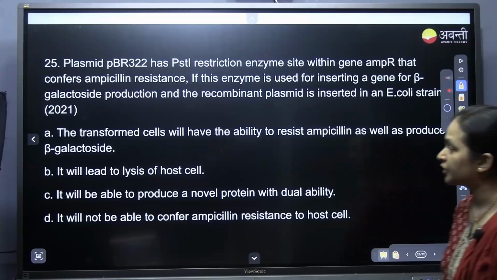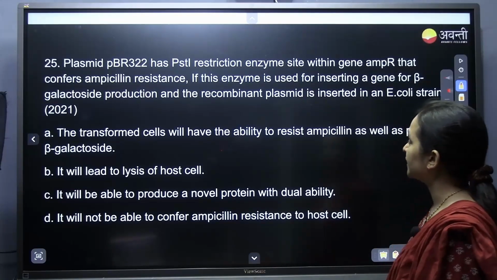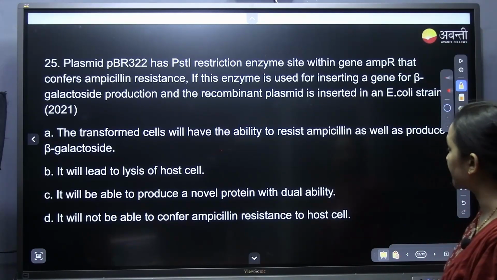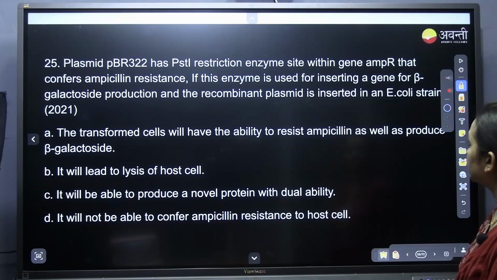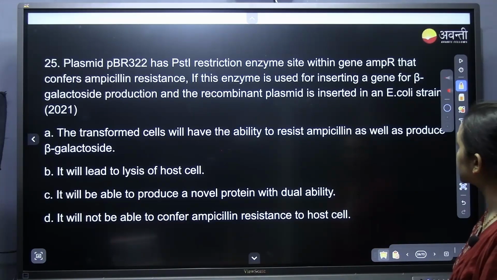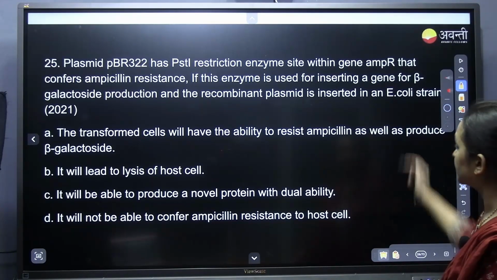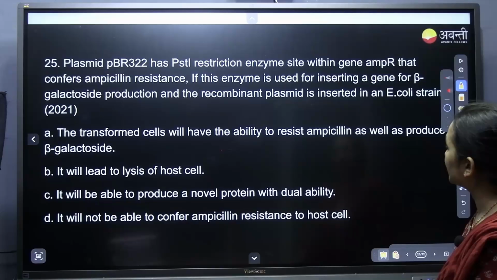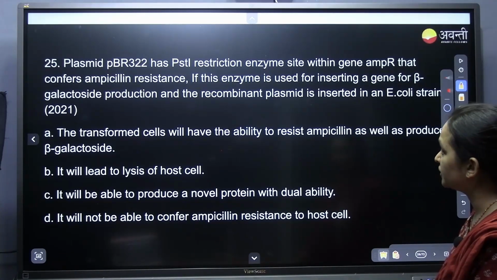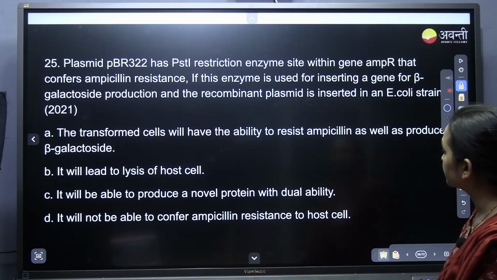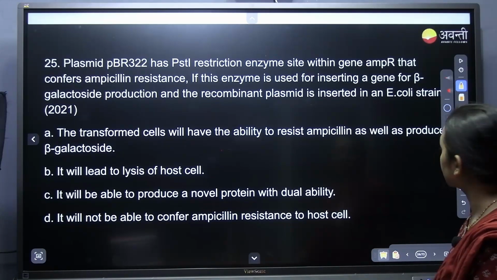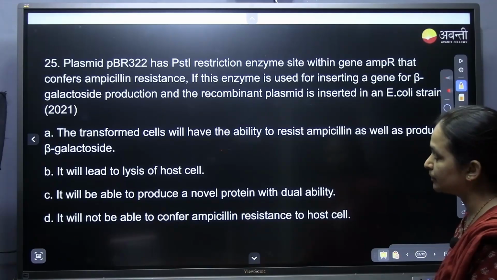Plasmid pBR322 has a PstI restriction enzyme site within the gene for ampicillin resistance. If this enzyme is used for inserting a gene for beta-galactosidase production and the recombinant plasmid is inserted in an E. coli strain, what will be the consequence?